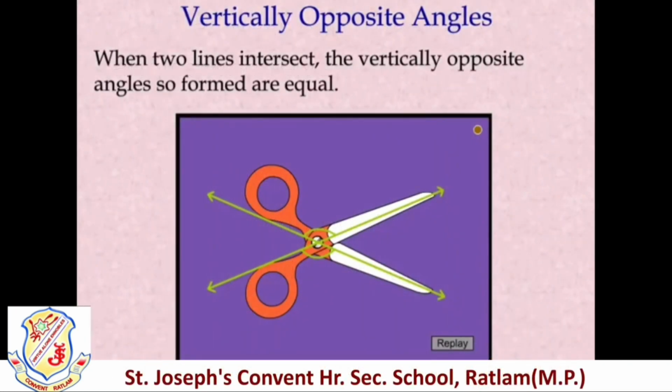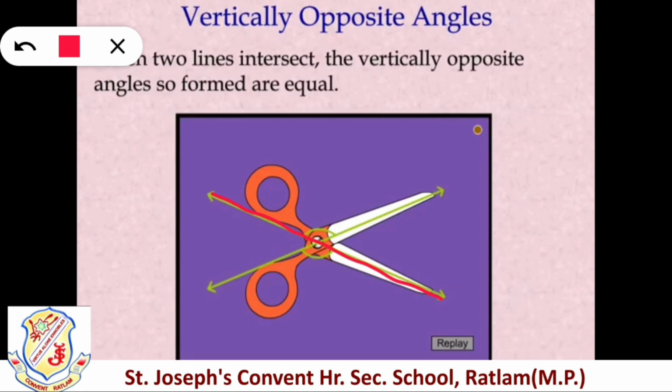Now the last pair of angles is vertically opposite angles. What are vertically opposite angles? You can see the picture of a scissor, which looks like the shape of a cross like this.